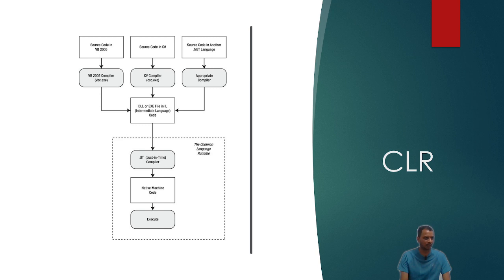To understand how .NET is able to process multiple languages, you have to understand how IL compilation is happening, and then CLR is normal, like how we do it in any other programming language, to take the code, compile it, and convert it to machine code.